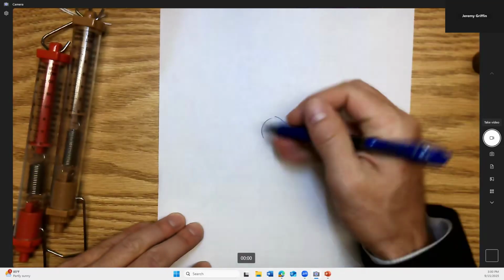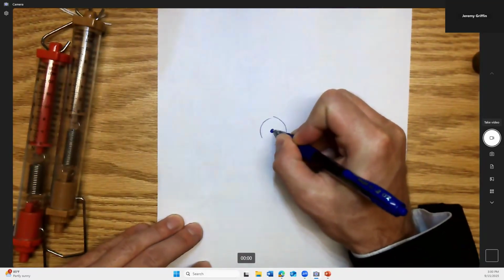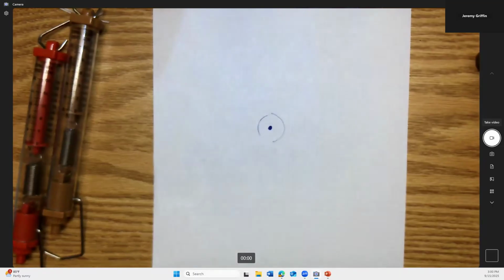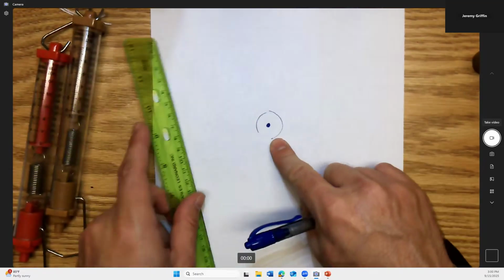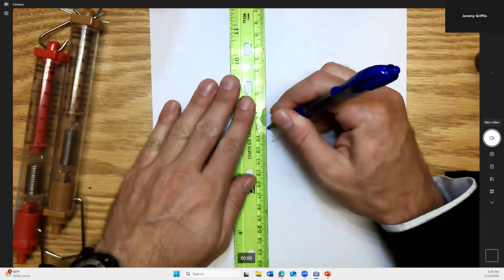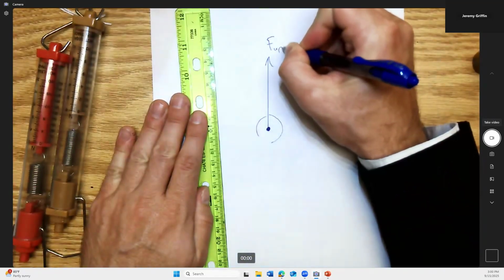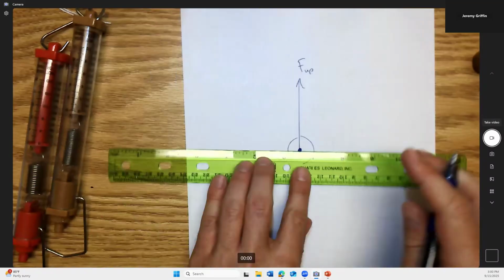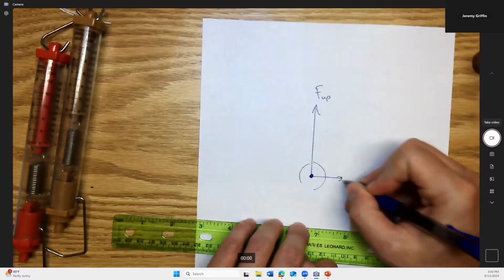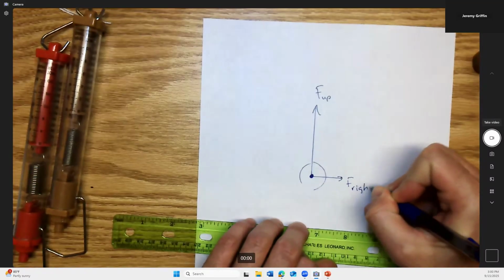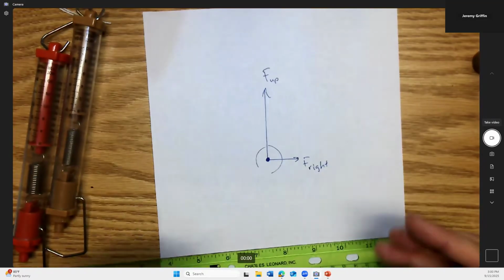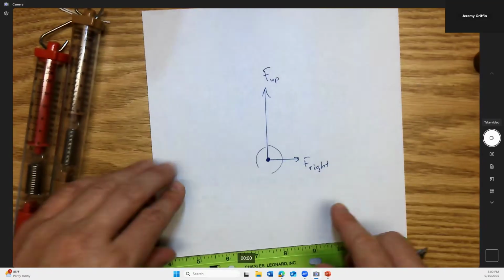Here, I'll draw a diagram. So here's how we're going to draw diagrams this class. We'll put a big old dot right in the middle of the object. And then from that dot, I will extend the forces outward. Remember, the force upward, there was a huge force that way. And the force to the right is just pushing a little bit. But those were 2 individual forces. But the net effect would be up and to the right, wouldn't it?